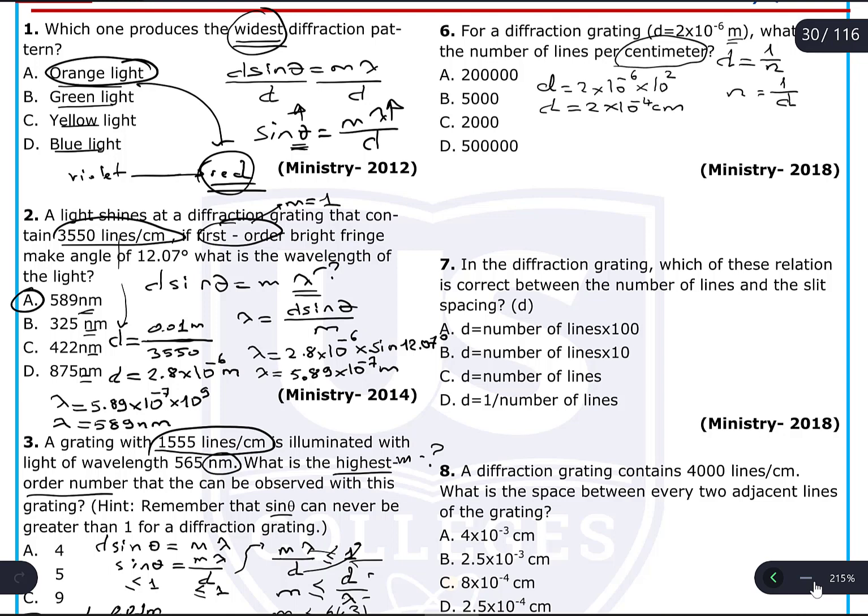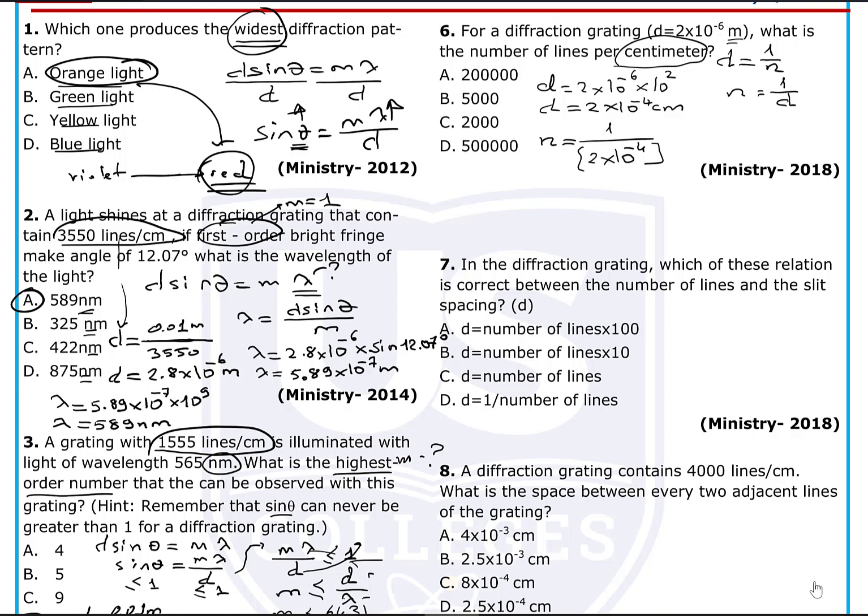Now we can calculate number of lines per centimeter. So n is equal to 1 over 2 times 10 to the power of negative 4 centimeter. So 1 divided by 2 times 10 to the power of negative 4.